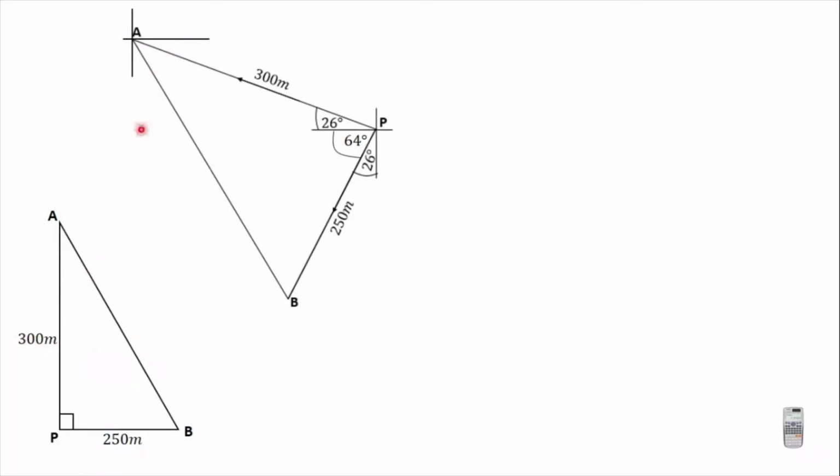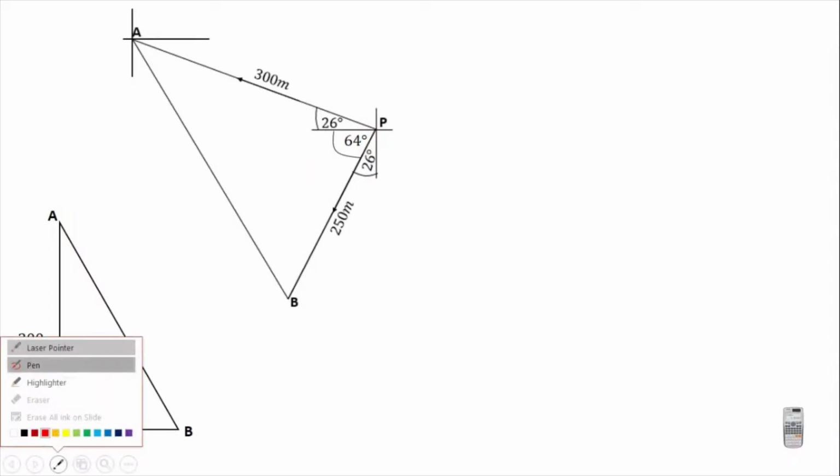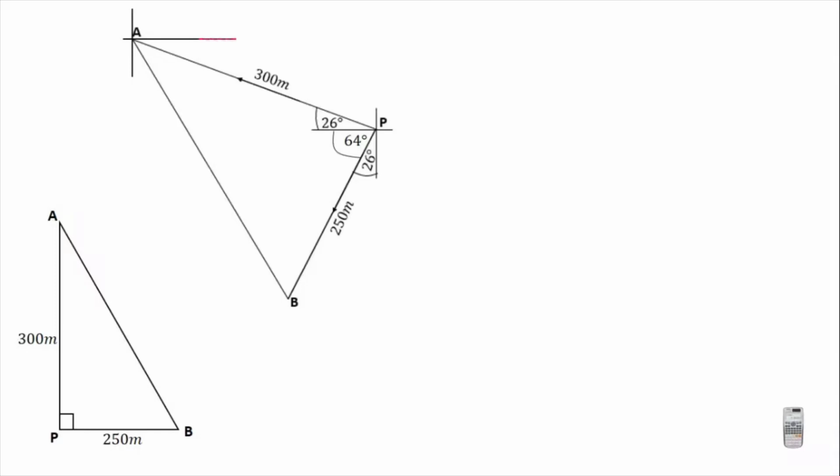Now we can see from the diagram that as soon as we draw this x and y plane here, the horizontal line here and this horizontal line are parallel lines. Now because they are parallel lines, we can say that line AP is a transversal.